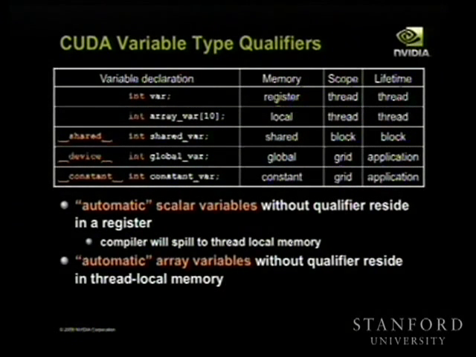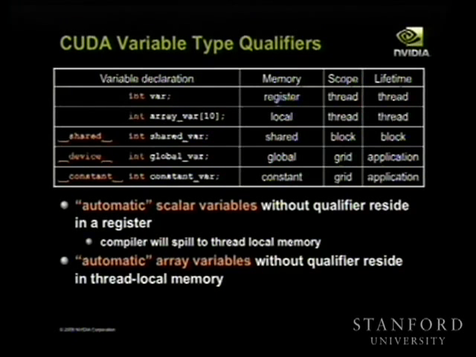And so let's take a look at how that's actually implemented in the language. Basically, the way that you get access to these memories is to annotate your variable declaration with these new little keywords. We can just start at the top of the table here. Ordinarily, if you just declare a variable in your kernel, like int var, well, this is just like a normal C variable. It's going to be put into a register.